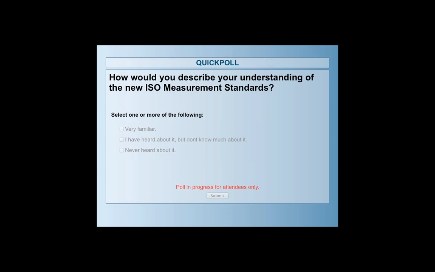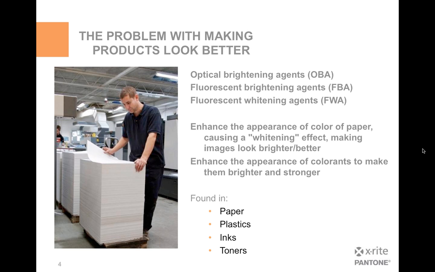What we have going here is we've gone through a process of trying to make some things look better, and often when we change something in a process, problems emerge as well. One of the things that has happened across the paper industry is the introduction of an increasing amount of optical brightening agents, or OBAs. In some other products, we're seeing other kinds of fluorescent brightening or whitening agents that may be affecting our inks and toners to give more pop.